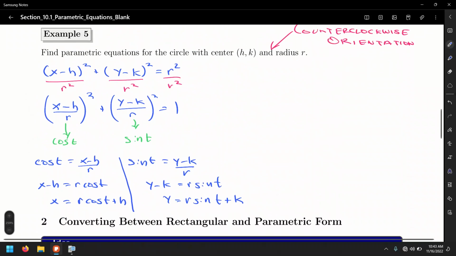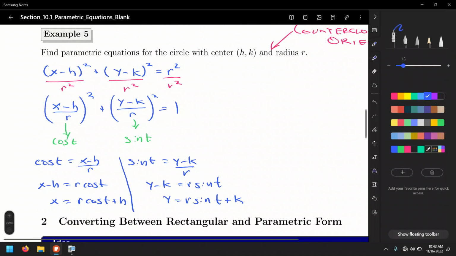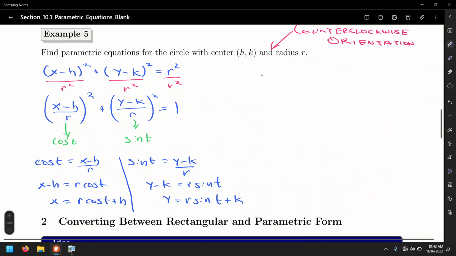And putting all this together in the form of a set of parametric equations, that should look like x of t equals r cosine t plus h, and y of t equals r sine t plus k.